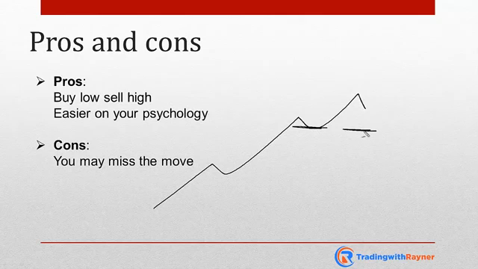So you're looking to go long at these lows. But what happened in the market is that price doesn't pull back deep enough, and then it went and traded higher without you, ending up causing you to miss the move. So this is the biggest downside in trading pullback, that sometimes you may actually miss the move while waiting for price to come to your desired level.